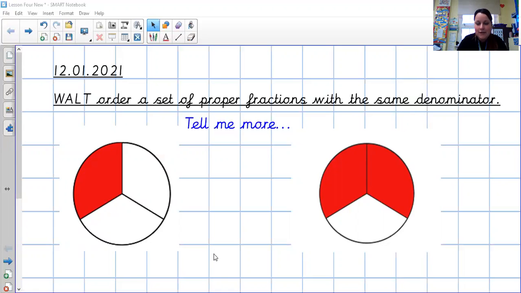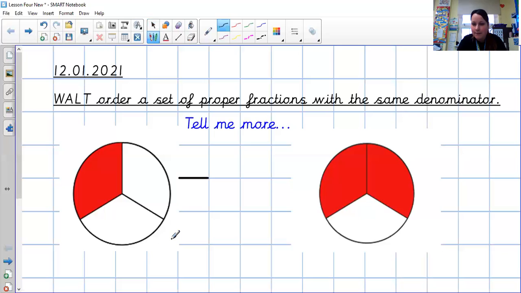Hopefully you have had a look at both of the fractions and you can see that this fraction over here is 1/3, 1 out of 3 equal parts. I'm going to write that fraction now and hopefully you have remembered that we start with the fraction line first. Then we write our denominator. Who remembers what the term denominator means?